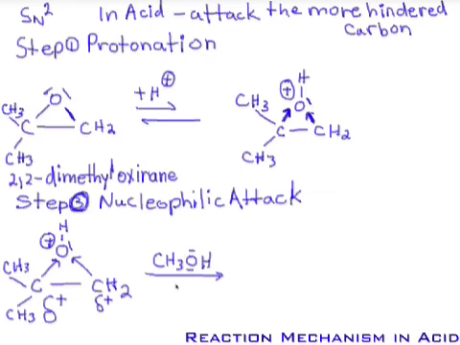So in acid, the methanol is going to attack this carbon. That will break this bond. And you will end up with a CH3. Actually, let's put this up here.